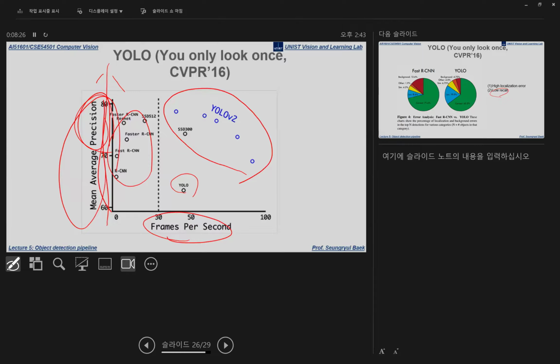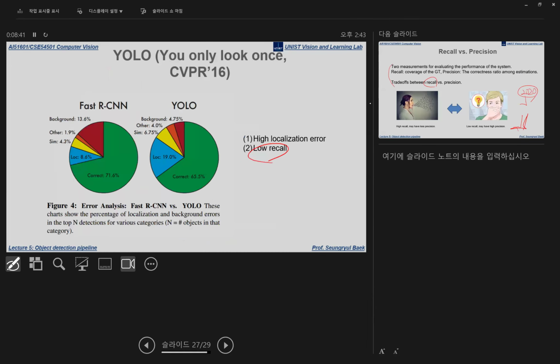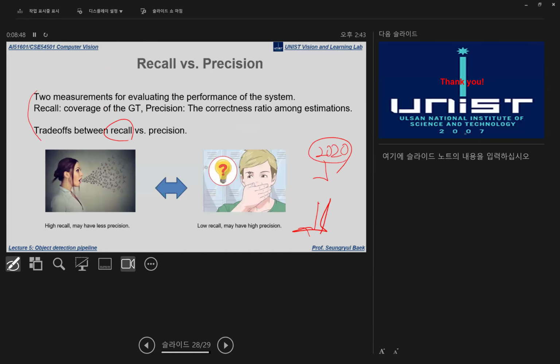At the same time, they are very fast. That is the strength of the YOLO algorithm. But when we think about recall, YOLO is still weak. This low recall is the main weakness of the YOLO algorithm.